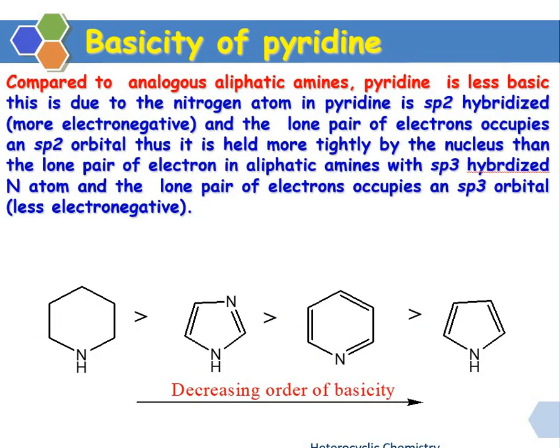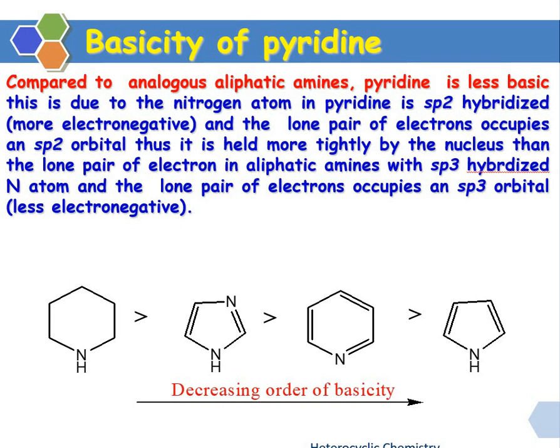Now, compared to analogous aliphatic amines, pyridine is less basic. Aliphatic amines, you can see in this order. Why does this happen? This is because the nitrogen atom in pyridine is sp2 hybridized, more electronegative, and the lone pair of electrons occupies an sp2 orbital.